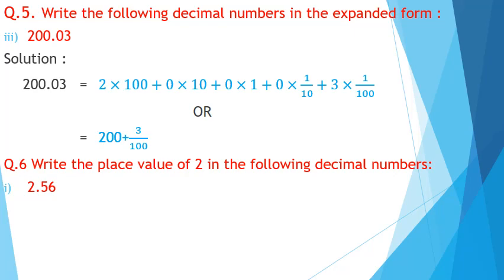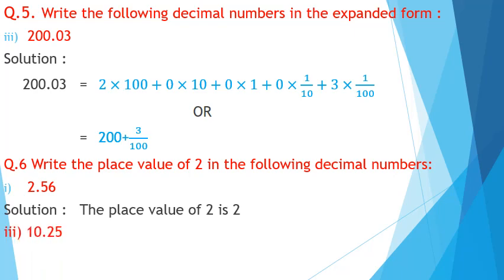Our next question, question number 6. Write the place value of 2 in the following decimal numbers. First question, 2.56. Here 2 is in the whole number part and only one digit is there, so it lies in the ones place. Therefore, the place value of 2 is 2.